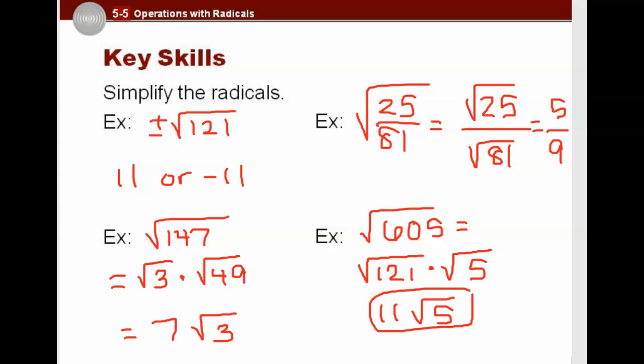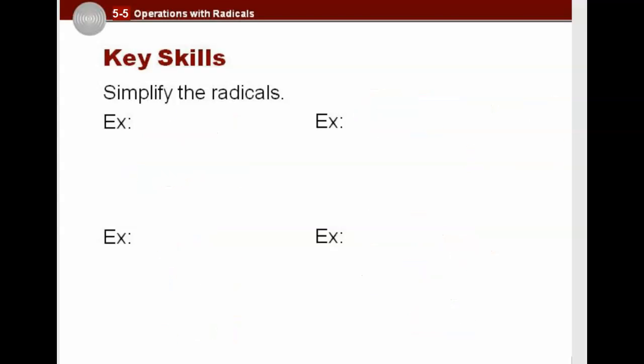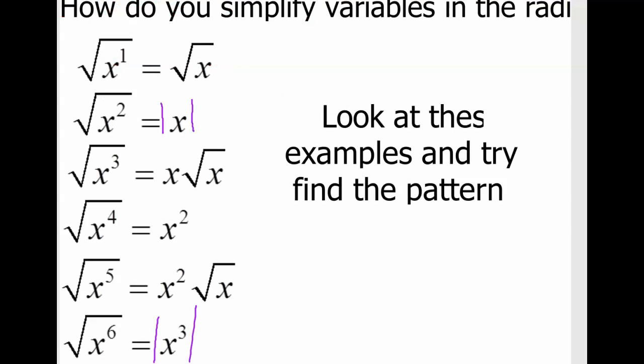We aren't just simplifying numbers though, we're also going to simplify variables. So when we look at variable expressions and their simplifications, we have a pattern for simplifying these. So the square root of x stays the square root of x. If you have a square root of x squared, it becomes the absolute value of x.